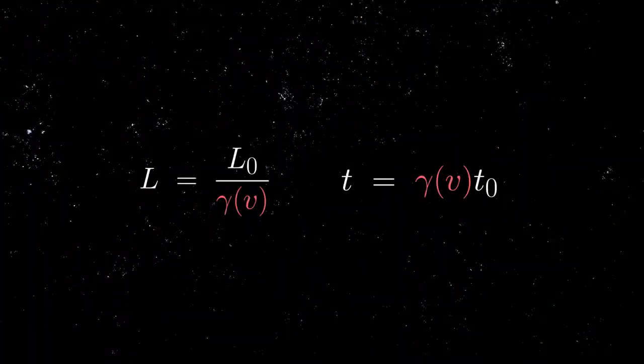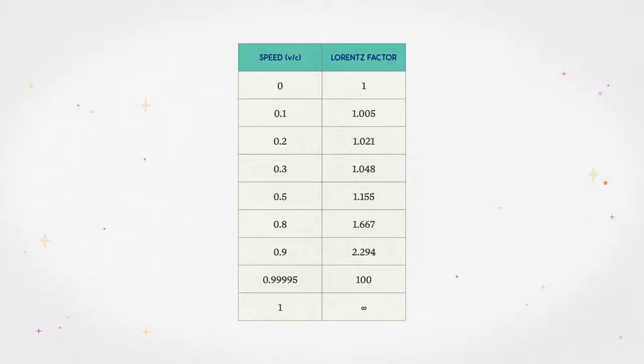So someone travelling at 10% of the speed of light, or 0.1 c, sees a 0.5% shortening in the length of a stationary object and a 0.5% increase in the flow of time. That's not that much.